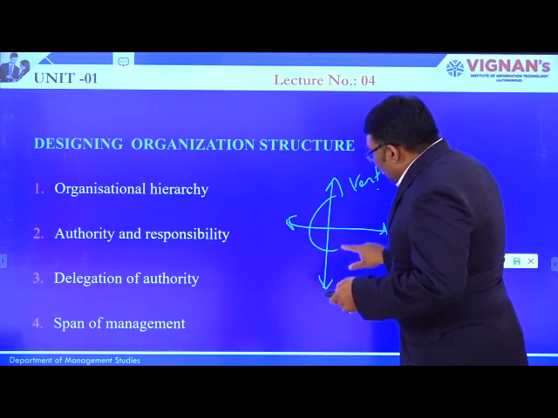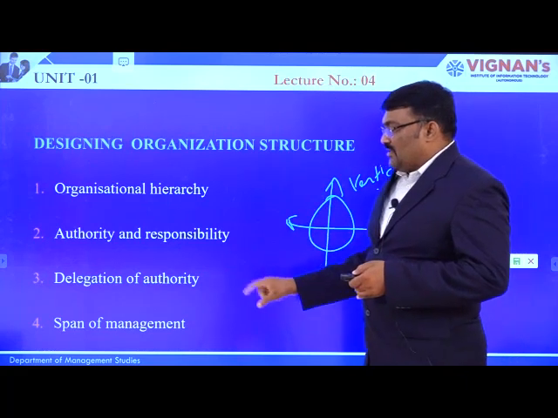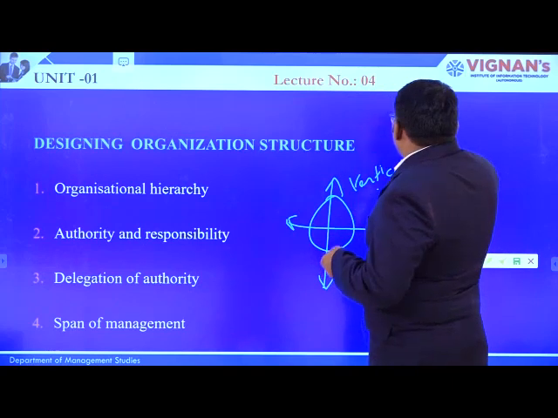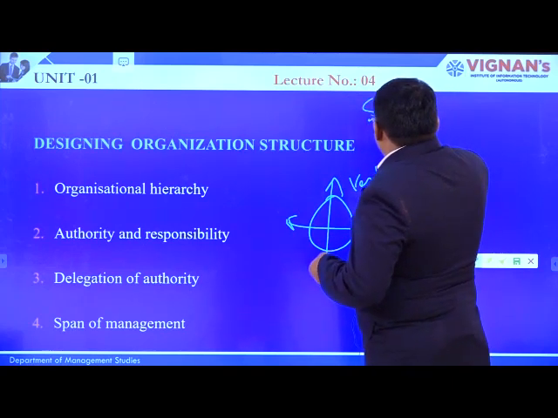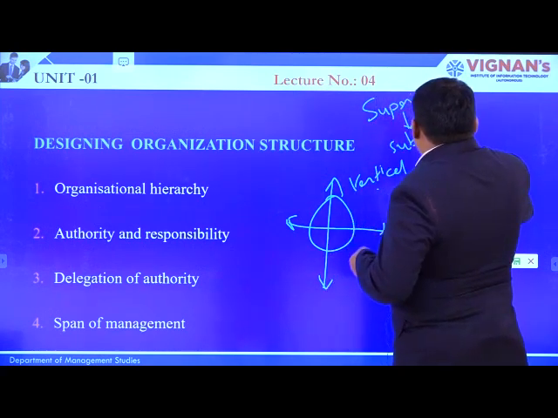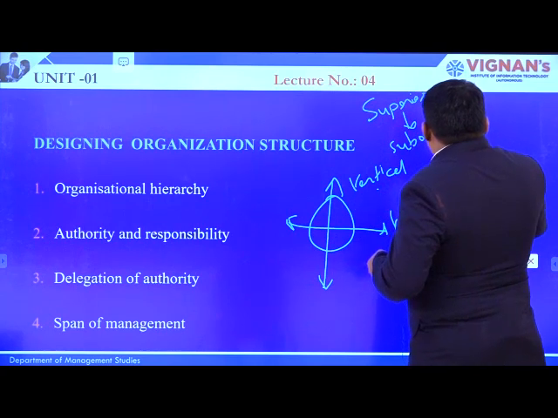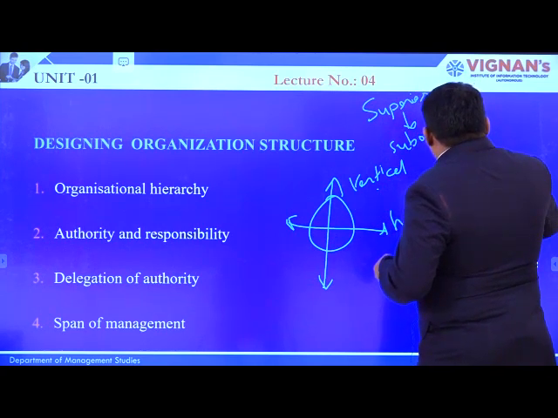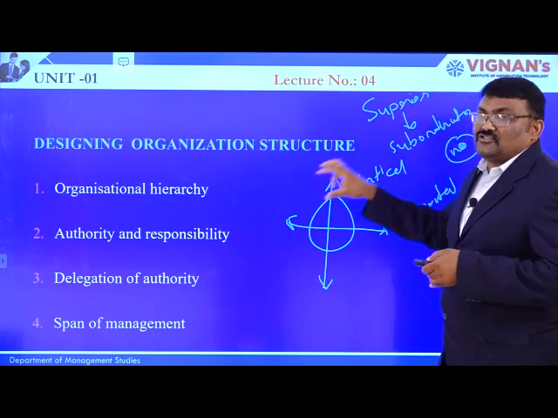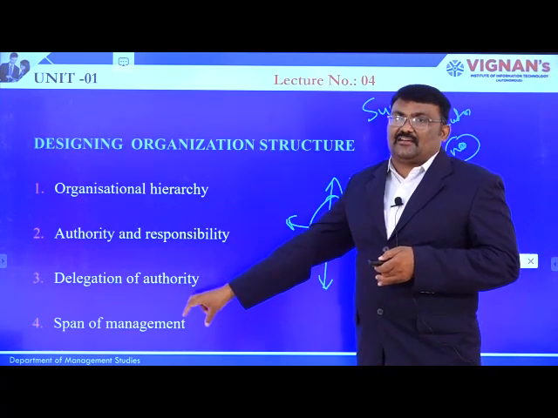Now, the ideal level of the span should be identified. That means the superior and subordinate relationship should be at such a level that the number, whatever it is, is identified through the span of management.